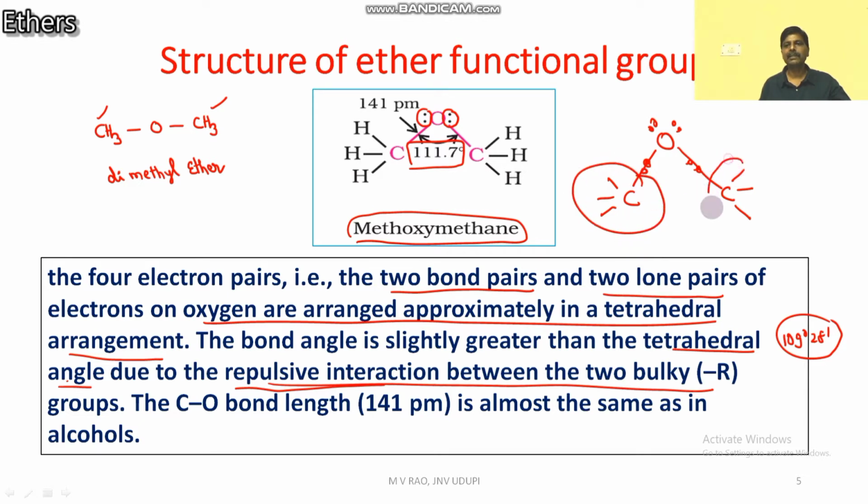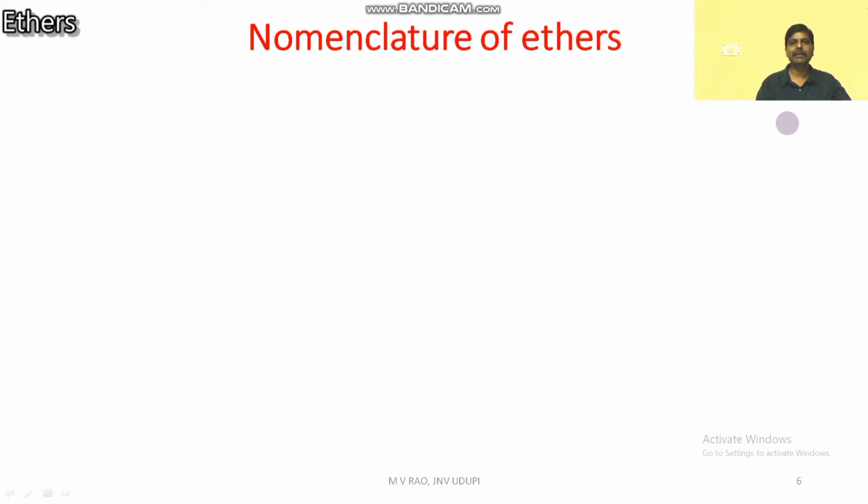Because of this repulsion between two alkyl groups, the bond angle will increase from 109 degrees to 111 degrees. What is the hybridization of oxygen? sp3, tetrahedral arrangement. It is about structure of functional group.